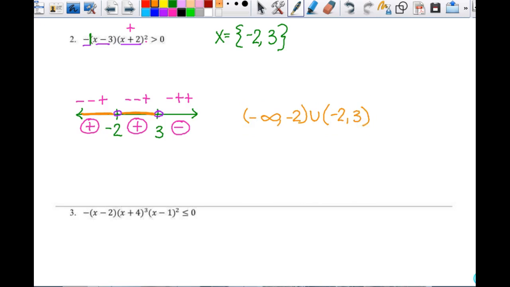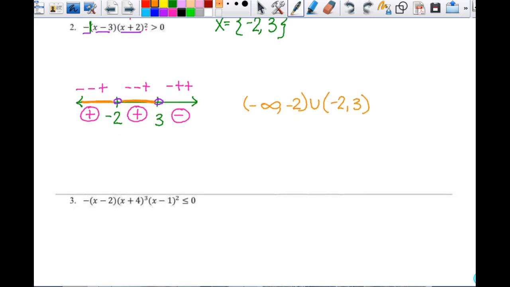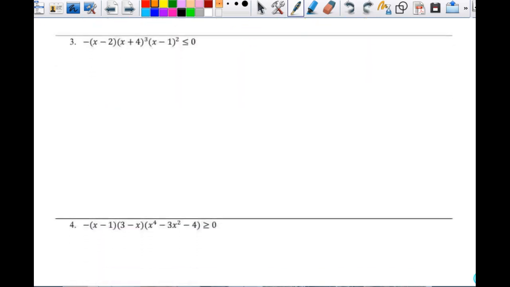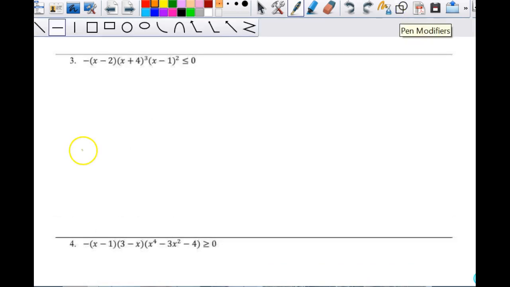All right, so let's look at number 3. So number 3, get my number line drawn in. Oh, why my pen's not working? There we go.